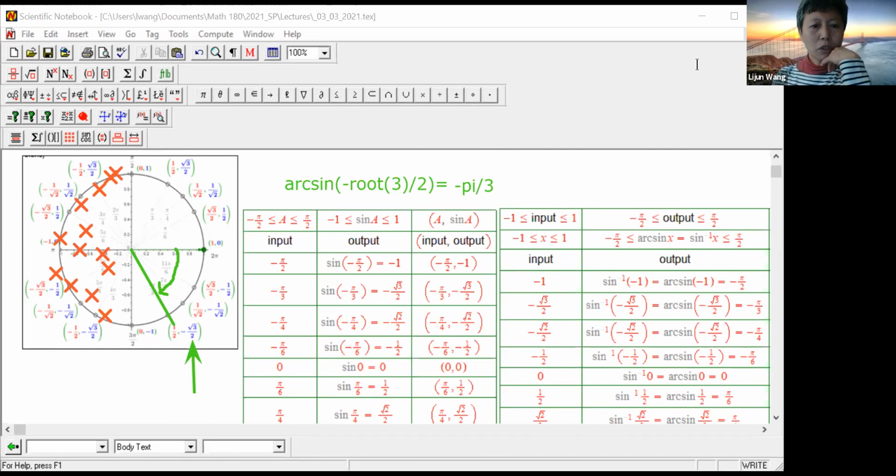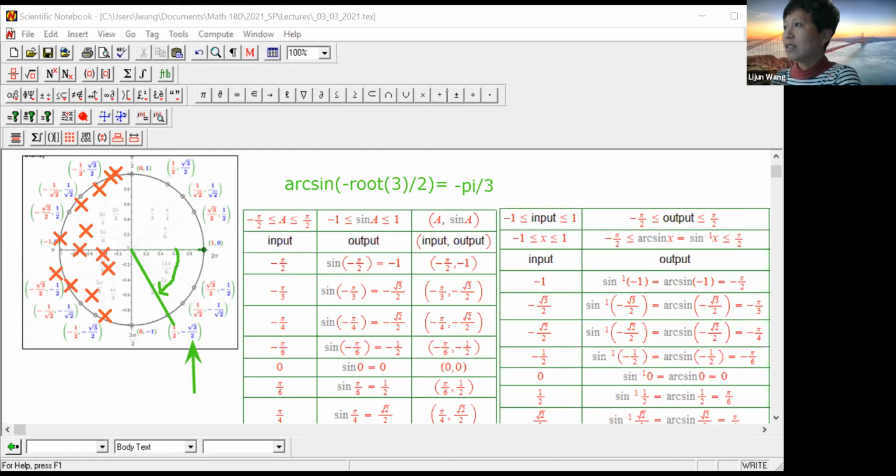What about the square root of 3 in the third quadrant? We truncated, right? The arcsine angle range is between -π/2 and π/2, so your answer should never be outside of that.